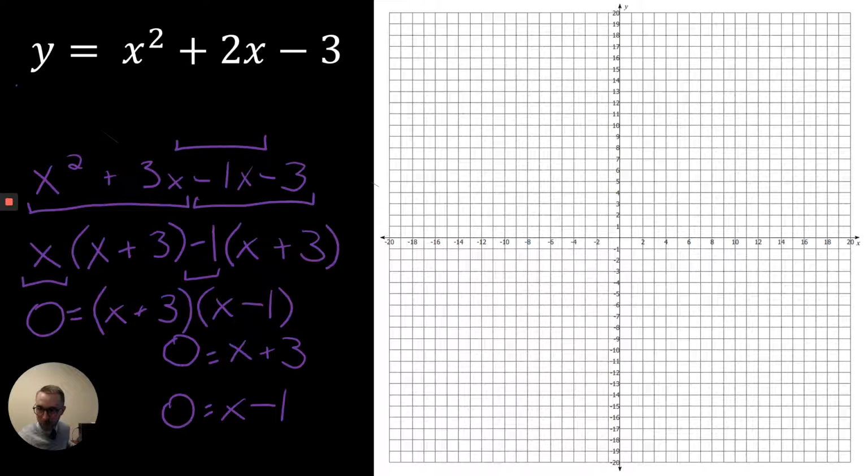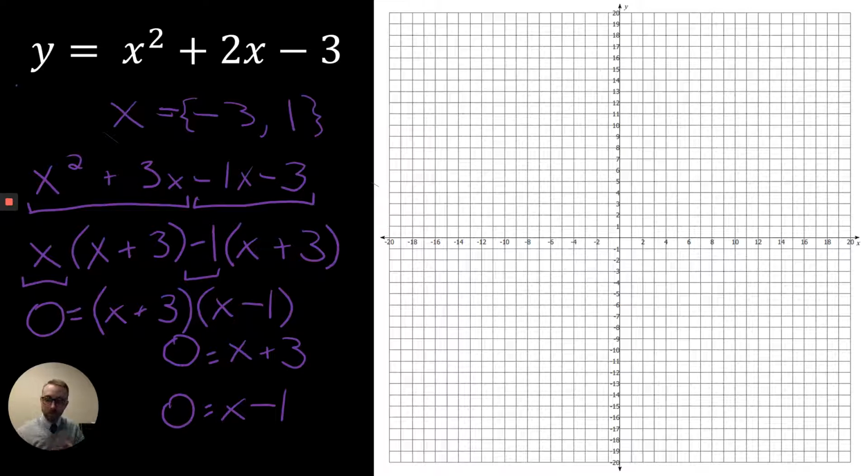My two solutions are going to be x equals -3 and +1. These are my two possible solutions.